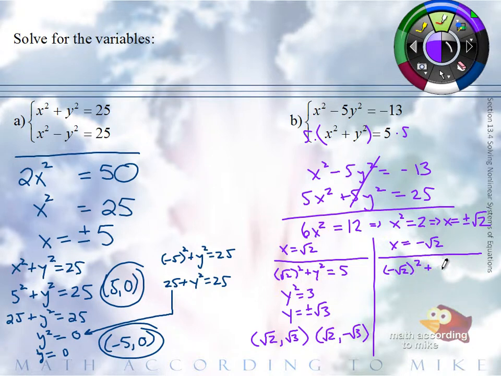Just like before, but this is not always going to happen, so you do need to do the math for it. Negative radical 2 quantity squared is 2. If I bring that 2 to the other side, I get the equation y squared equals 3. So I'll eventually end up with the exact same y values.